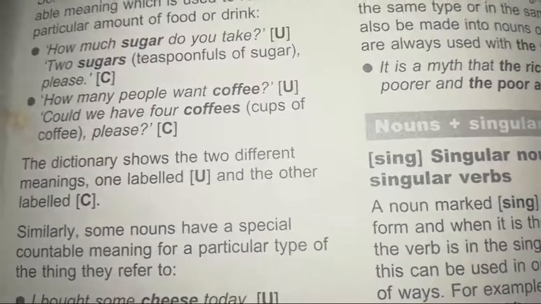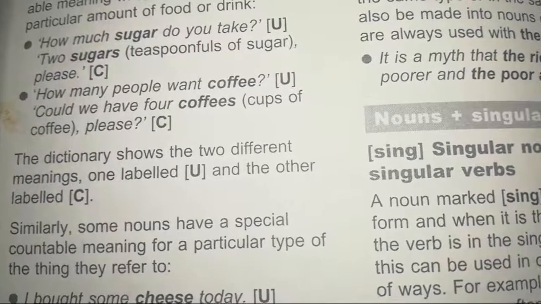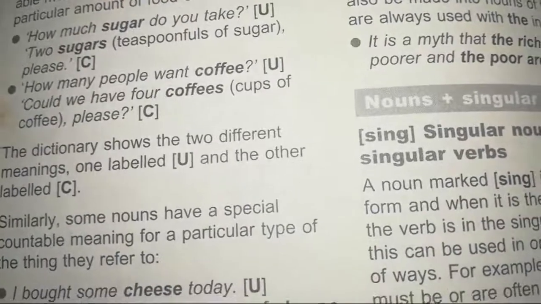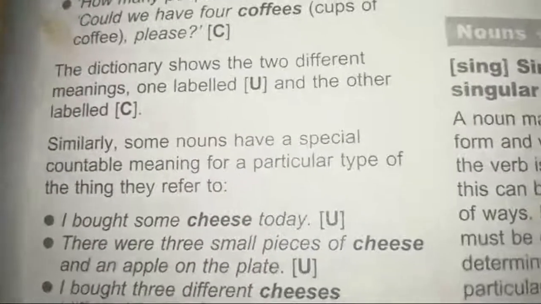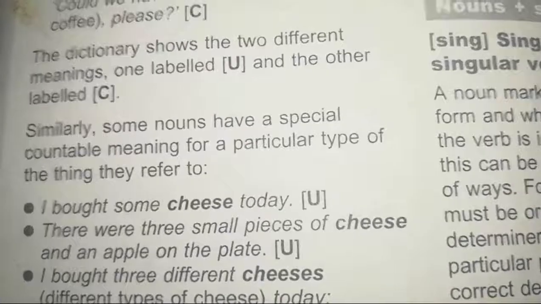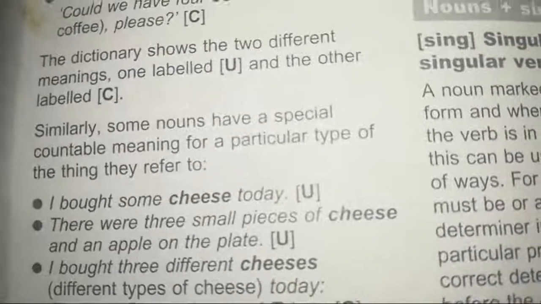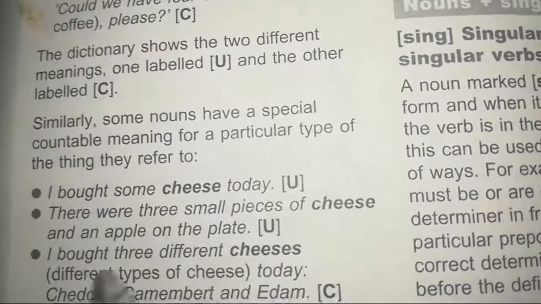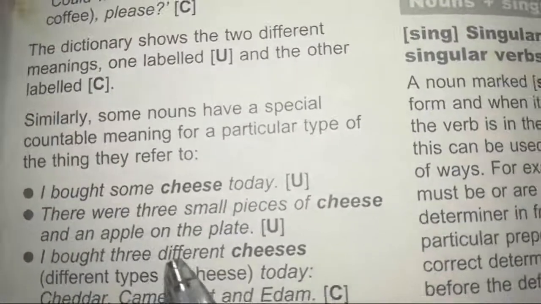Similarly, some nouns have a special countable meaning for a particular type of the thing they refer to. For example, I bought some cheese today. There were 3 small pieces of cheese and an apple on the plate.